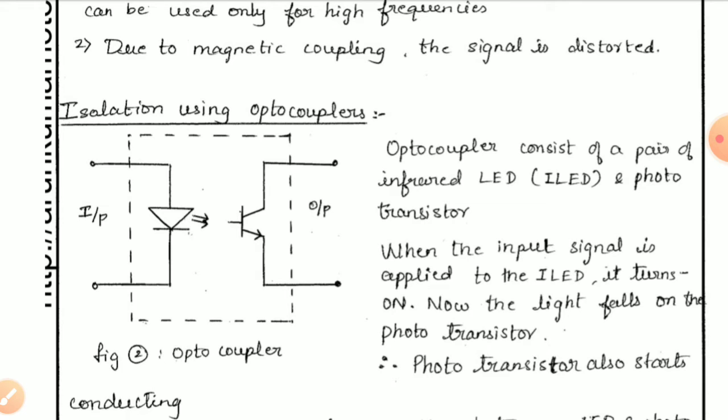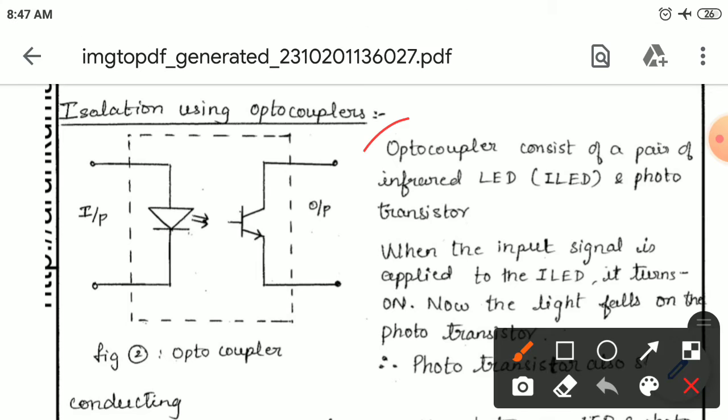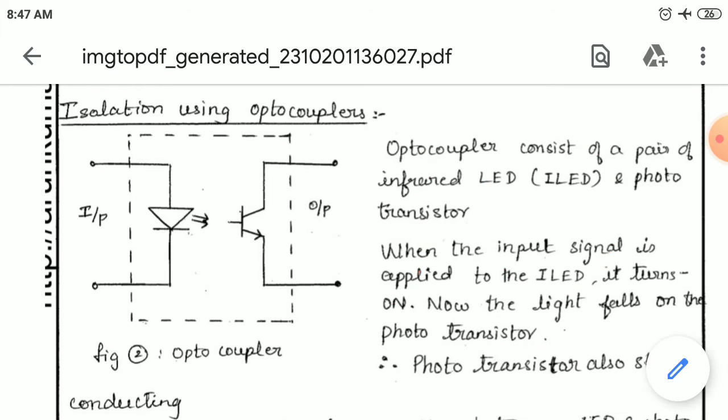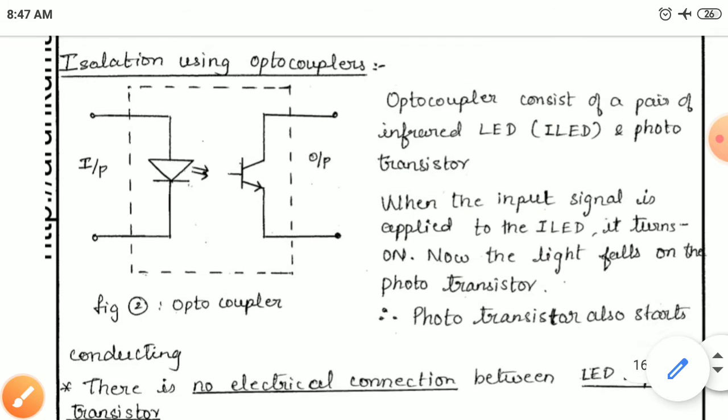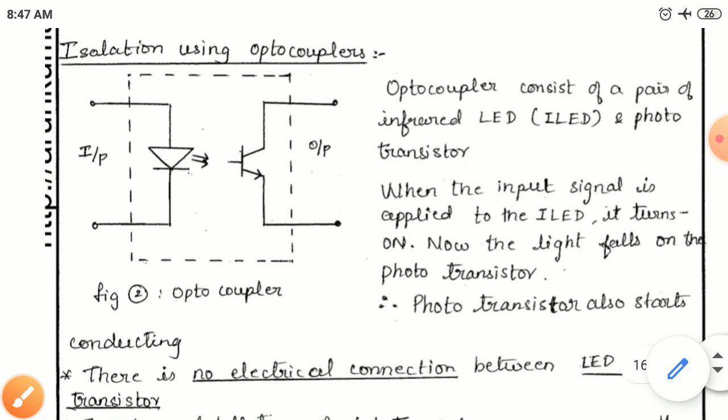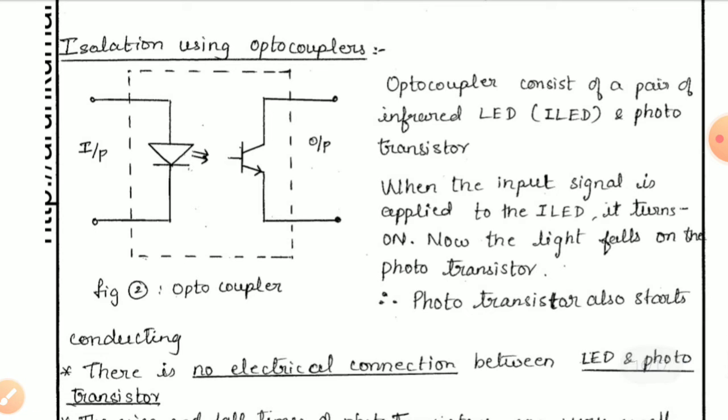So here we have a BJT circuit, then the load circuit. Here is a BJT, here is a load, connected like this. This is the schematic representation of isolation of gate and base drive circuit using the optocoupler.